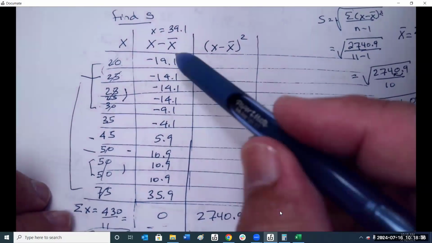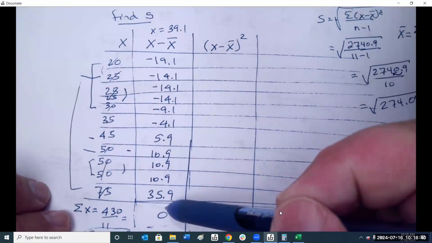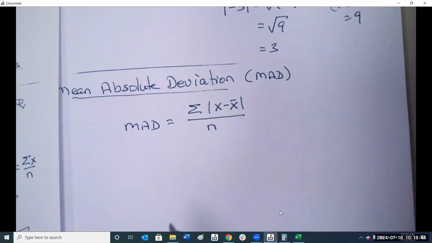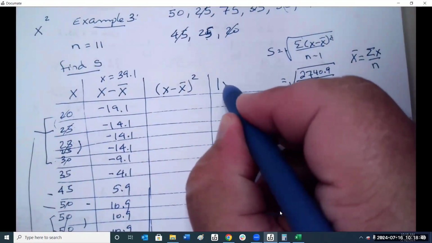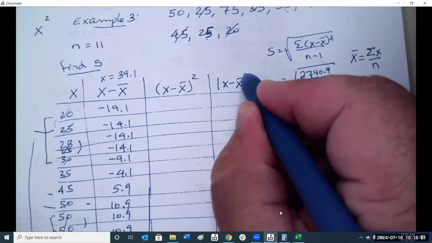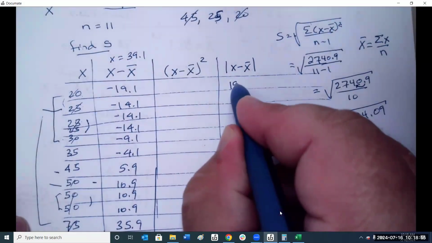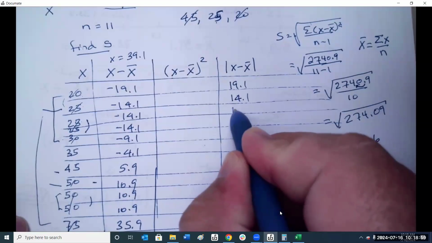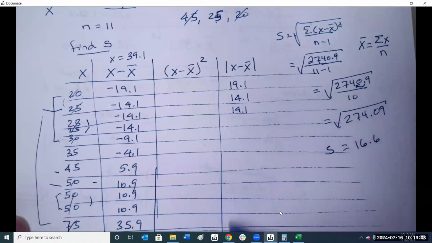So back to this last example. Remember the x minus x bar? We had this. What would you do here? Here, we would take the absolute value of the x minus x bar. So each one of these just becomes positive. So we get rid of all the negatives and so on and so forth.